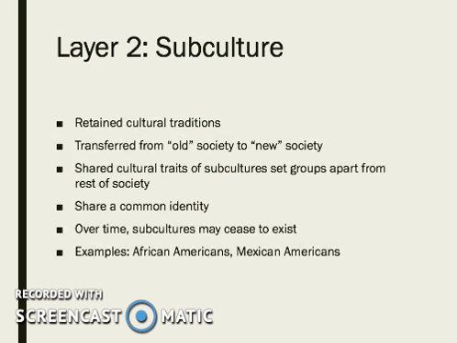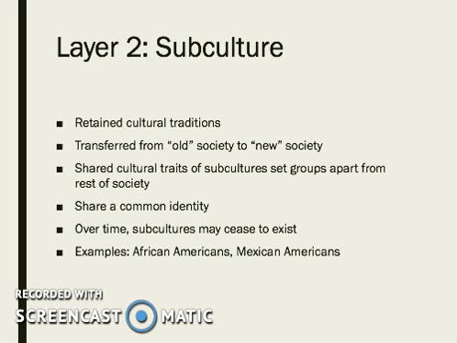Layer 2 is known as the subculture layer. In complex, diverse societies in which people have come from many different parts of the world, they often retain much of their original cultural traditions. As a result, they are likely to be part of an identifiable subculture in their new society. The shared cultural traits of subcultures set them apart from the rest of their society.